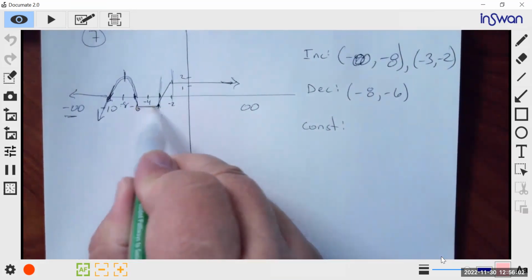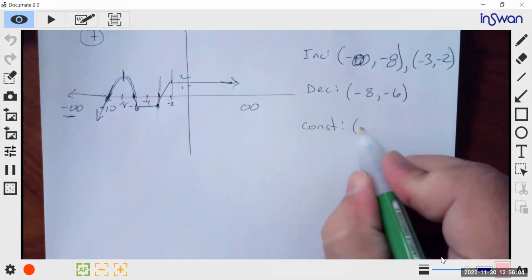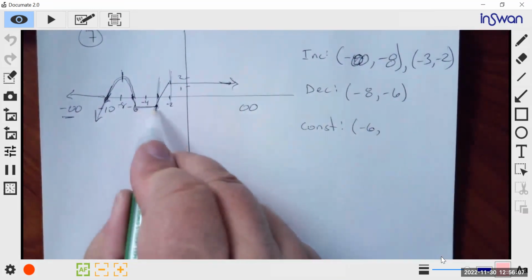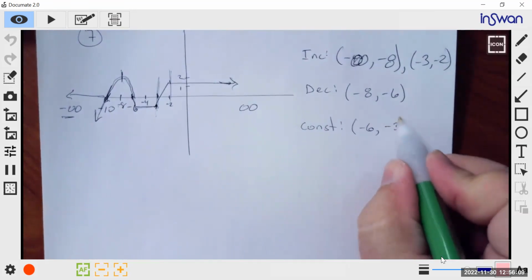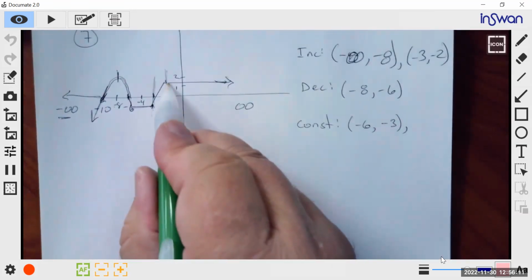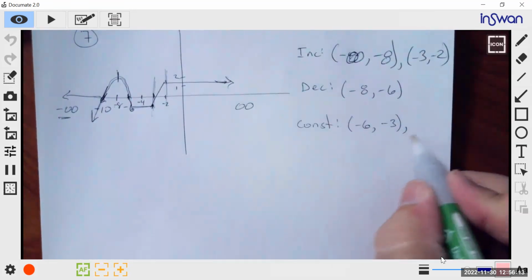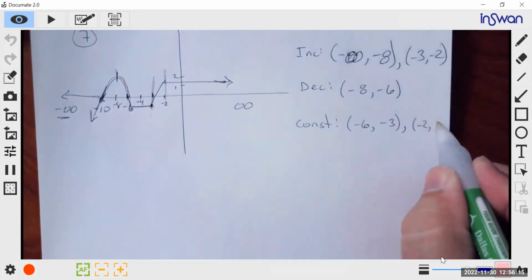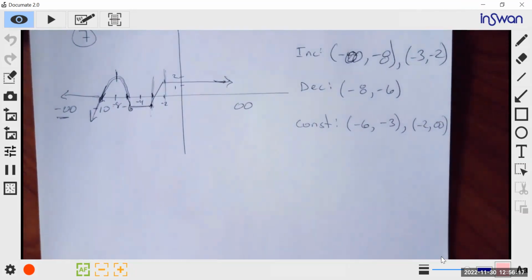It's level, it's constant from -6 all the way to -3. And then from -2 to infinity.